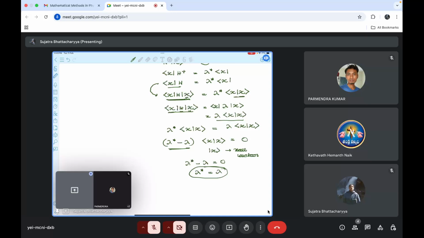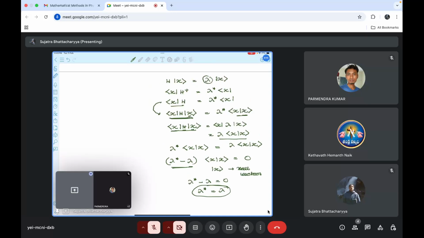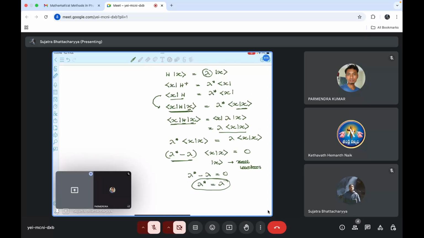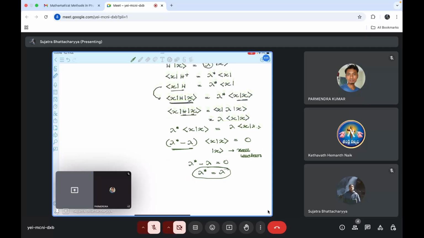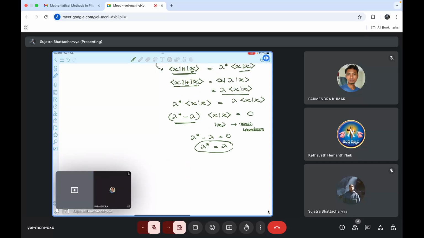So you will not get a complex number as the eigenvalue. It will always be real. This is one of the properties.